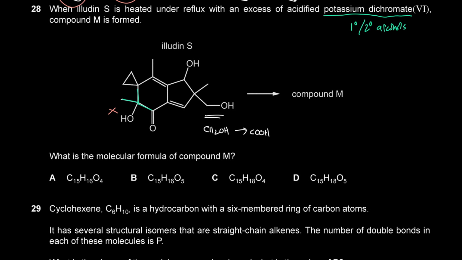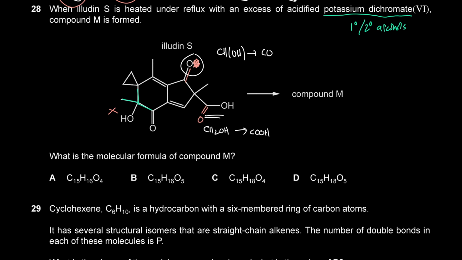And this one over here is a secondary alcohol, a CHOH, so it will become a ketone, a CO. So if you had to draw the structure of the product, this will become a C double bond O, and this will become a CO2H. Nothing will happen to the ketone, nothing will happen to the alkene, so none of the other groups will react.